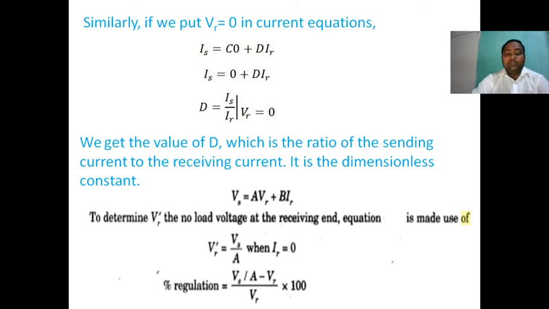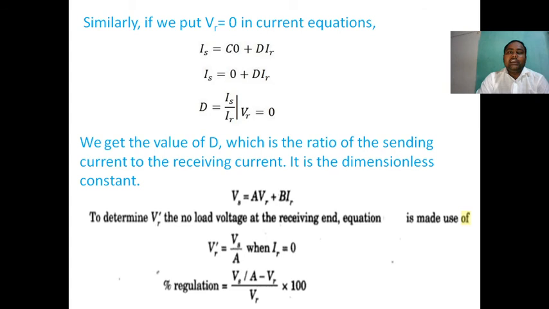So what is the percentage regulation formula? The percentage regulation formula is (Vs by A minus VR) by VR into 100. This is very important. So these are the ABCD constants of a transmission line. We can derive them by using two input and two output terminals.